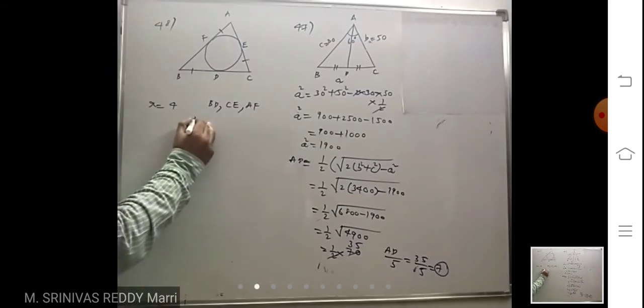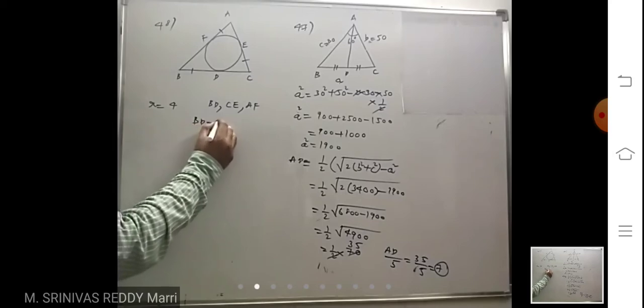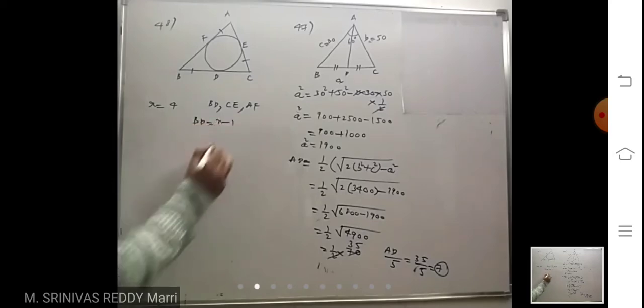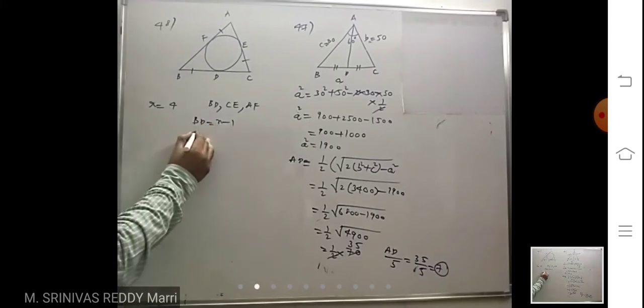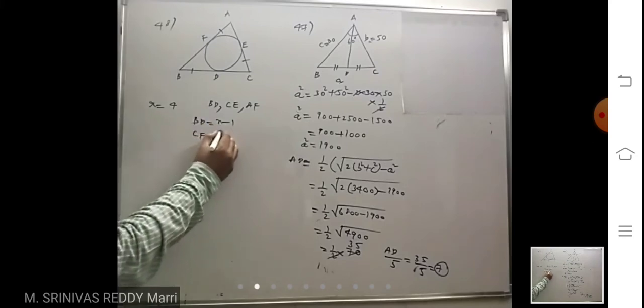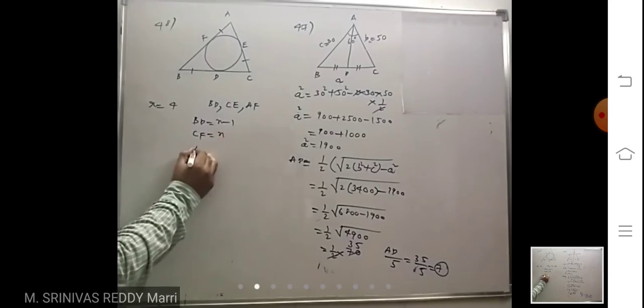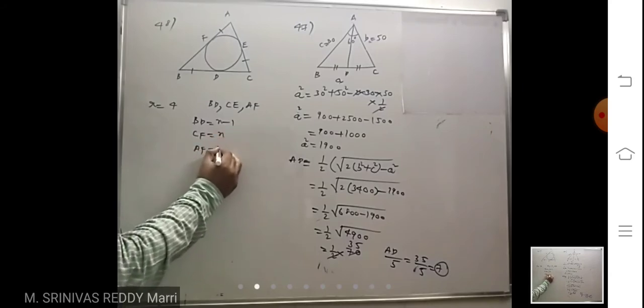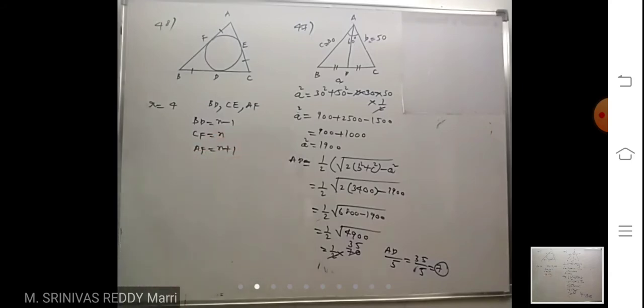I am taking BD equal to, let us say, n minus 1. CE equal to, let us say, n. AF equal to, let us say, n plus 1. You can take n plus 1, n plus 2, anything.